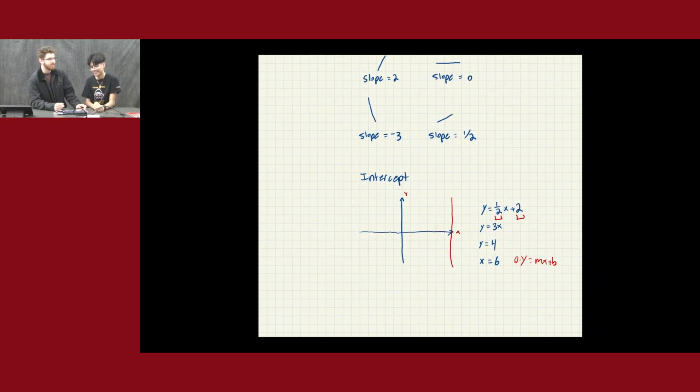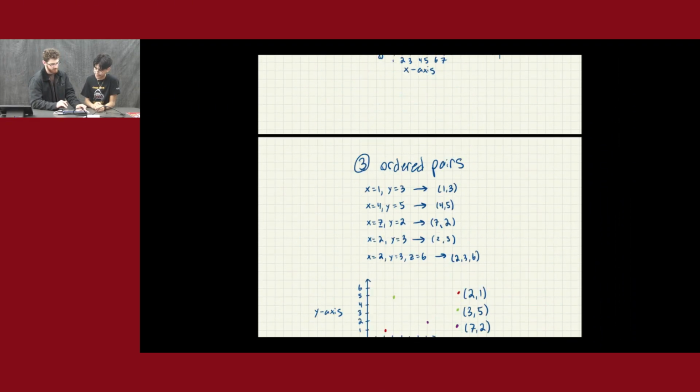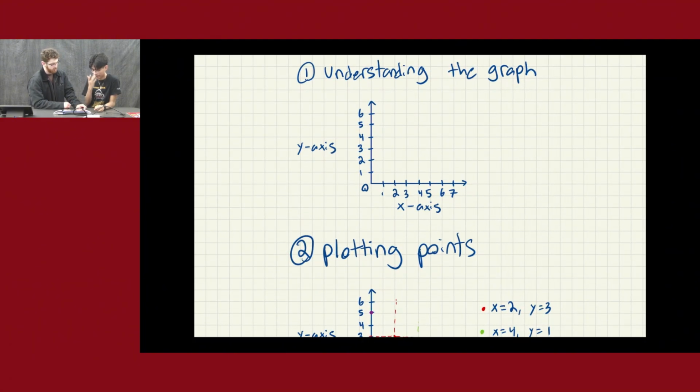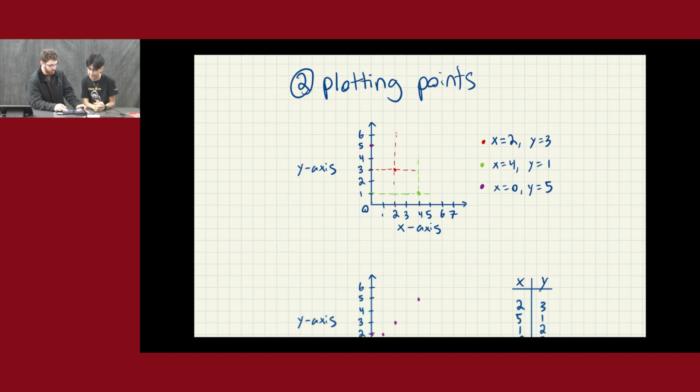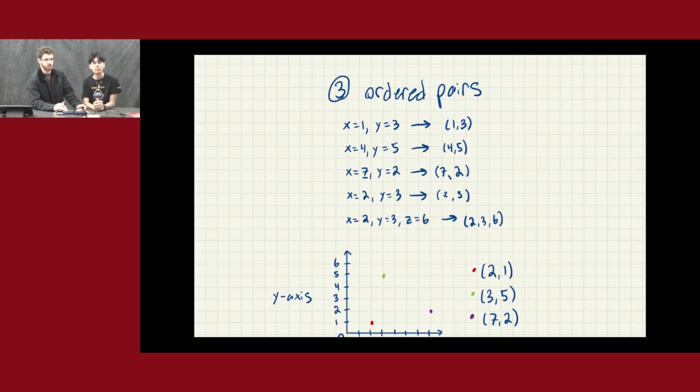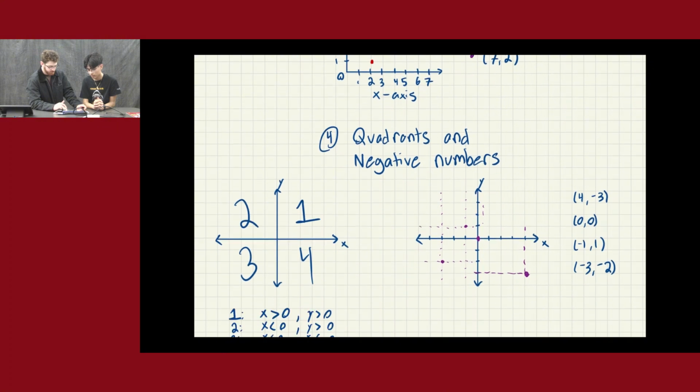All right, so those are all of the basic concepts for graphs. To review, we went over understanding the graph. The origin is that point in the center. The x-axis is horizontal and increases as you go to the right. The y-axis is vertical and increases as you go up. We talked about plotting points, how you just draw the 2 lines for the x value and the y value and find their intersection. Ordered pairs are just a way of doing that notation.